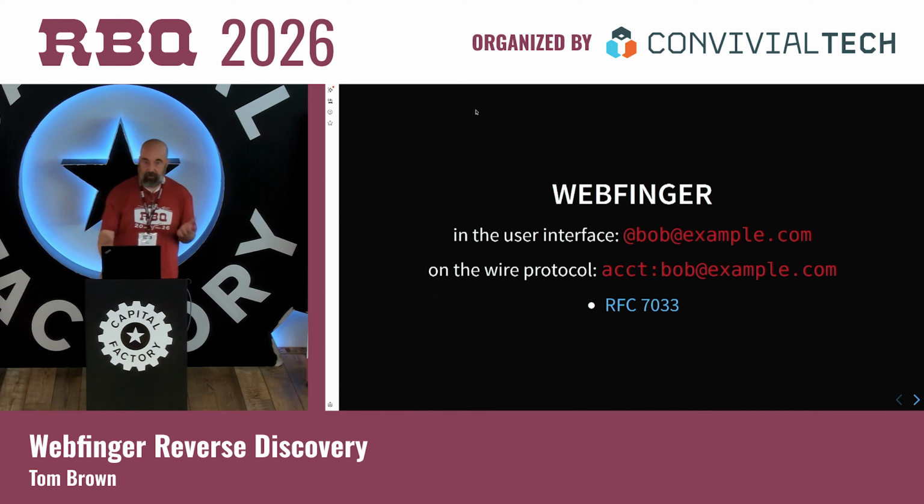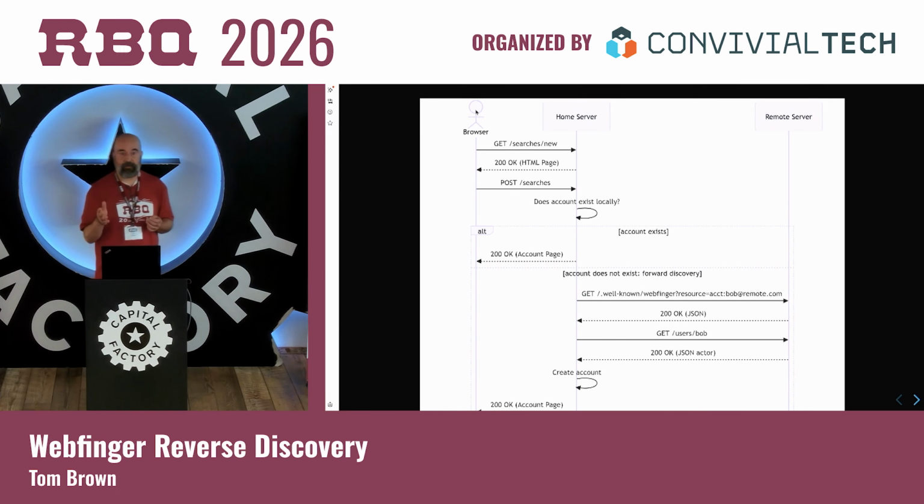And that's what we'll be talking about. People are generally familiar with forward discovery on Webfinger. This sequence diagram is a simple example of that. We'll do this one first, and then later we'll do forward and reverse, and it'll be more complicated. You've got the user on the top left with his browser, and a common use case is they search for a Webfinger address like bob@example.com, and they fill that out.